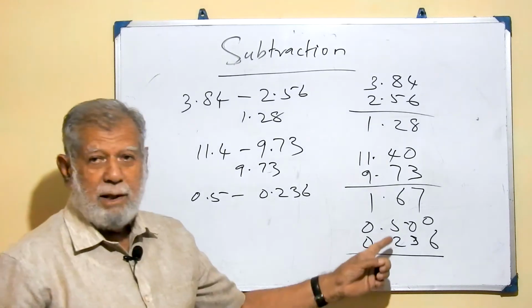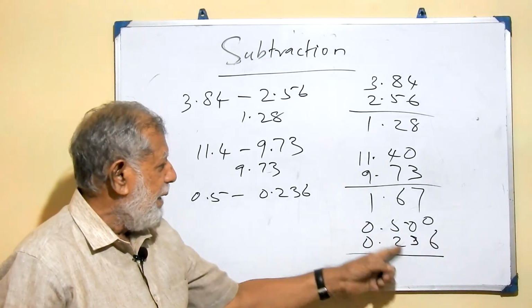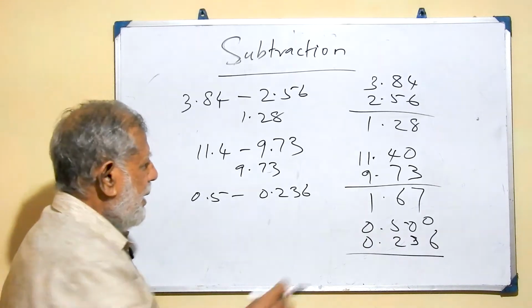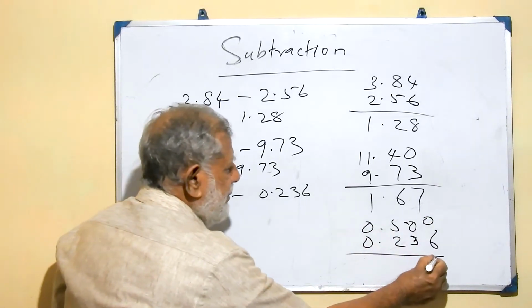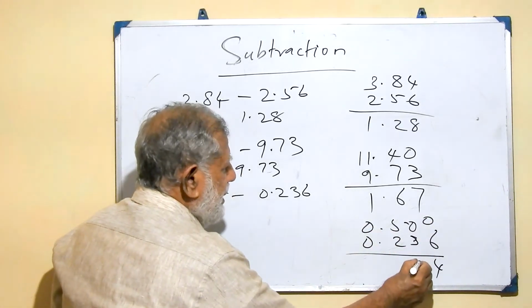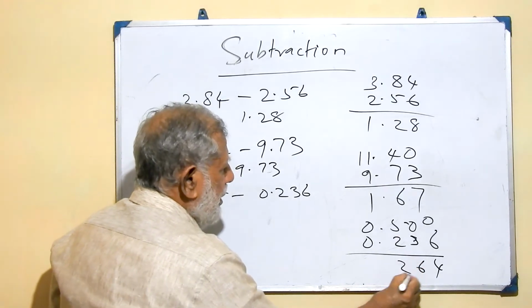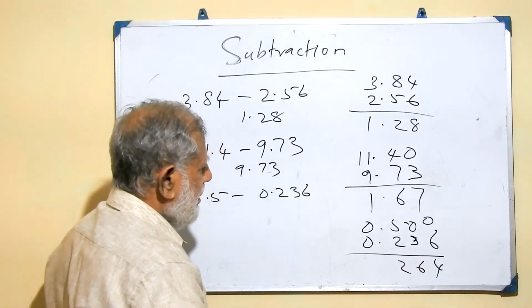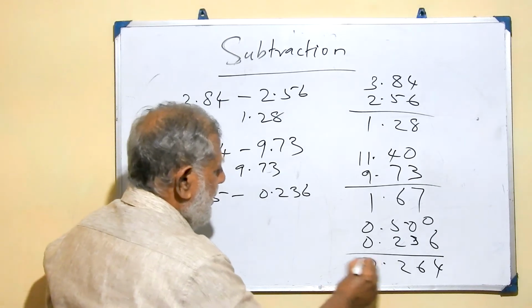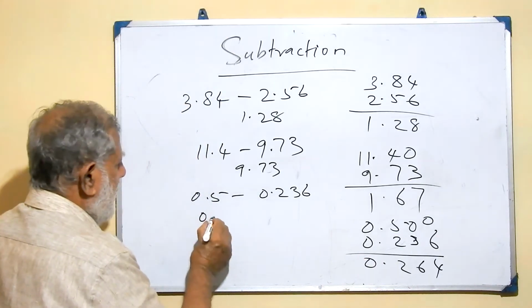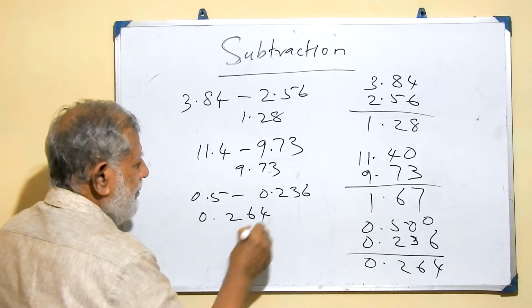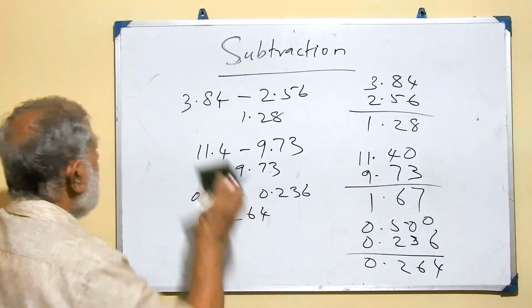Many children make the mistake that they write the 6 here and 3 here and say 5 take away 3, which is wrong. So here you have to borrow 1 from here, 10 take away 6, 4. Then 9 take away 3, 6. 4 take away 2, 2. And 0. The answer is 0.264.